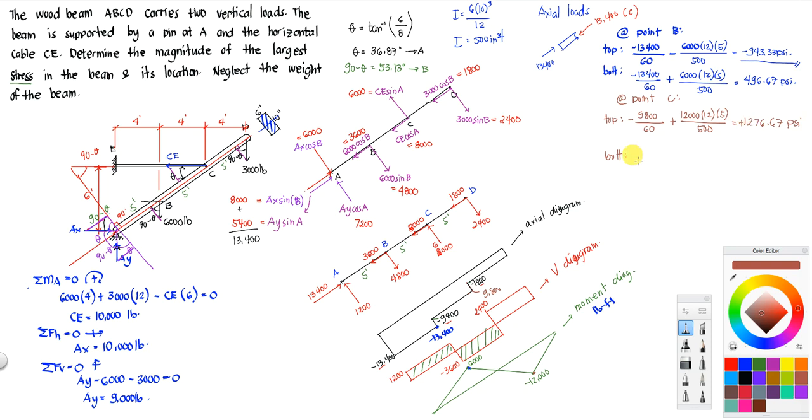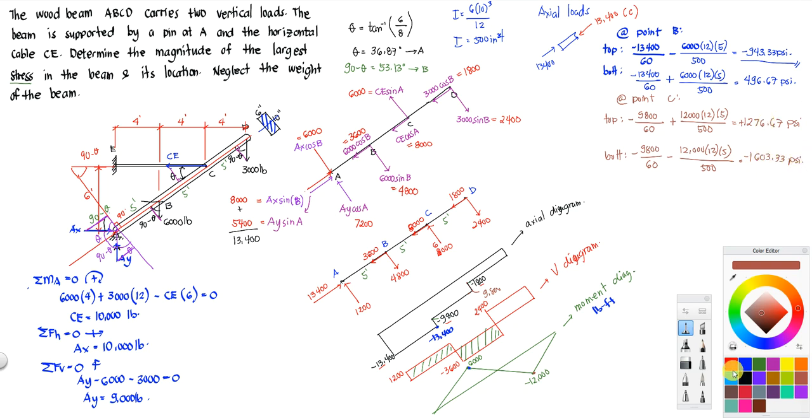How about on the bottom? So that is negative 9,800 all over 60 minus M C all over the I. Okay? So this is now the compressive, and that is negative 1,603.33 psi. Okay?